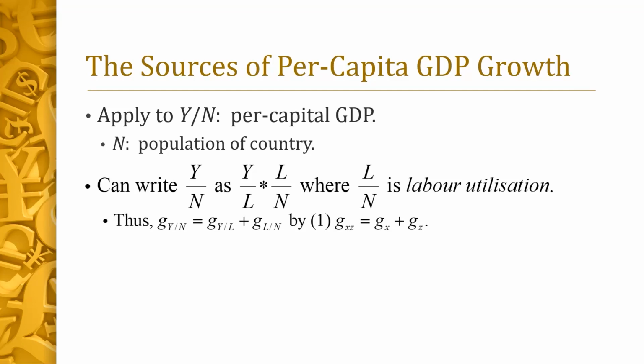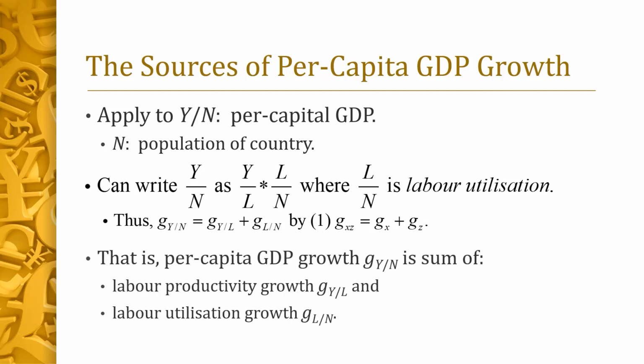Applying Rule 1, it follows that the growth rate g of Y over N of per capita GDP is equal to the sum of g of Y over L and g of L over N. The upshot is that growth of real GDP per capita equals the sum of labor productivity growth and labor utilization growth.